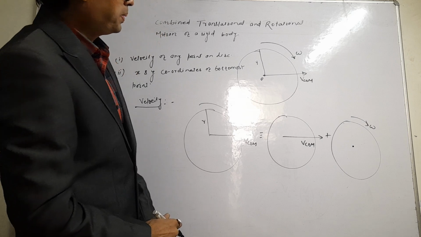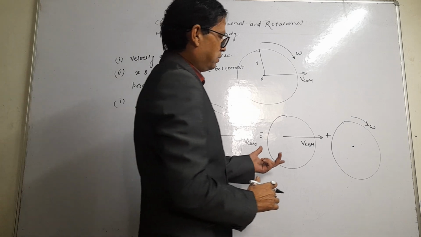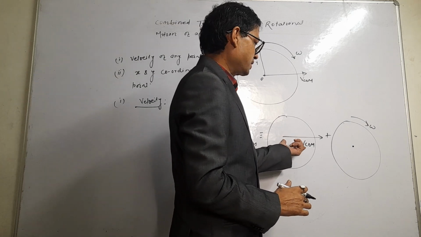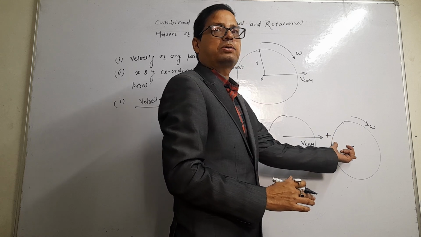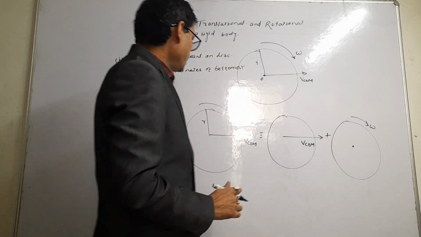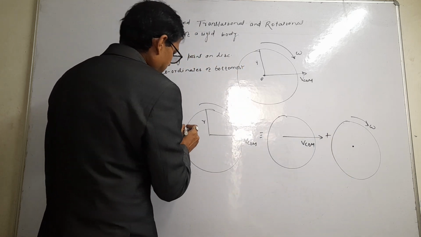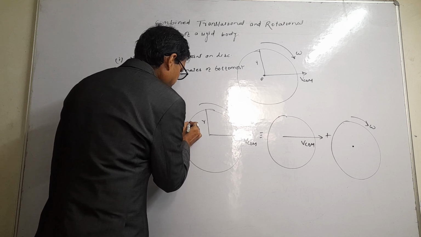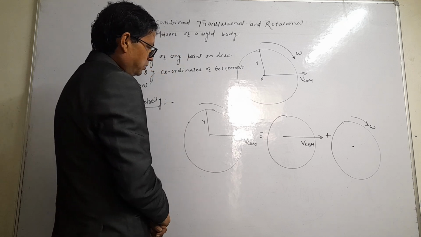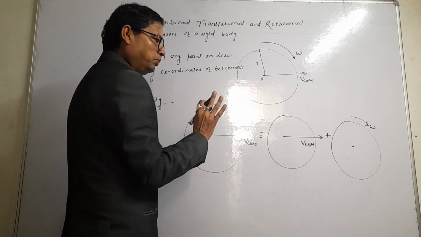So the velocity of any point is the resultant of the velocity due to translational motion as well as due to rotational motion. Suppose we have to find the speed of this point. This point has two velocities.